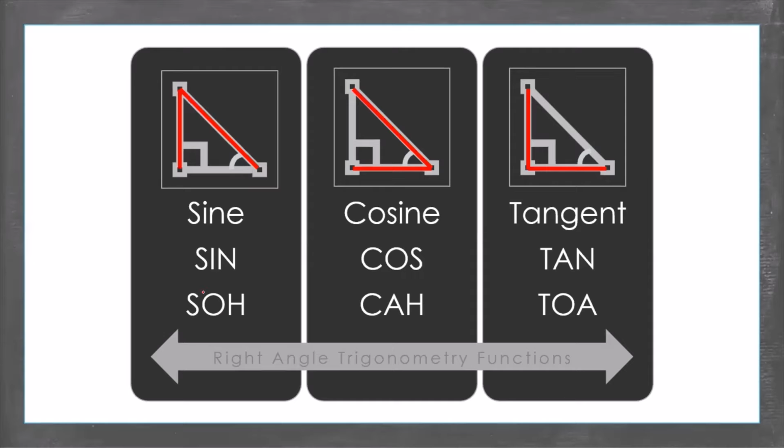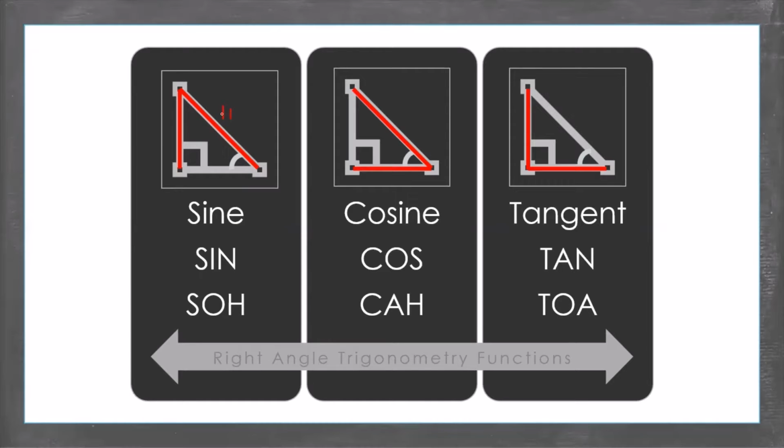But when we use little acronyms to remember these ratios, we'll often say sine is represented by SOH. S stands for the sine ratio, O stands for the opposite side, and H stands for the hypotenuse. In the triangle, up at the top here, you'll see our two red lines. Those are the two sides that we're looking at.